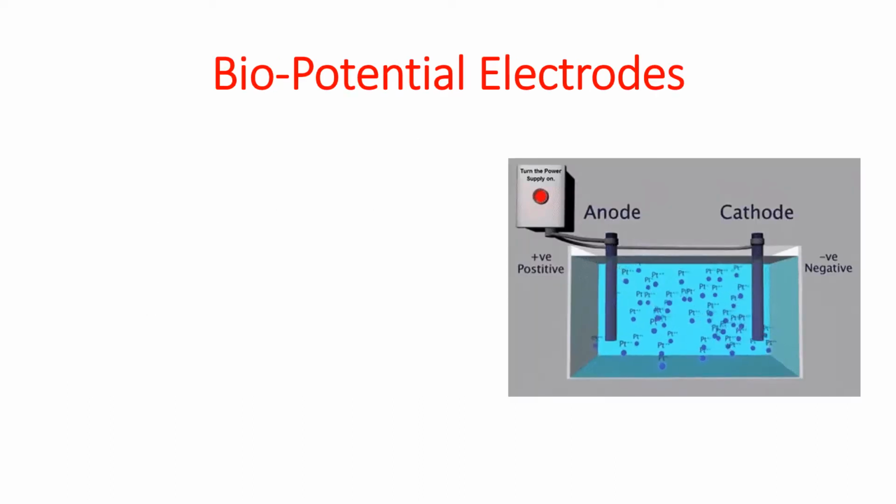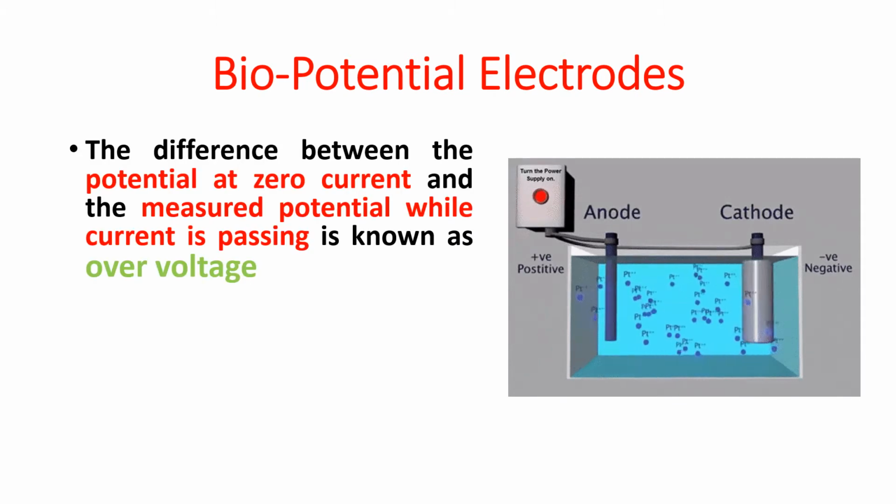The difference between the potential at zero current and the measured potential while current is passing is known as the overvoltage, and is the result of an alteration in the charge distribution in the solution in contact with the electrodes or the ion selective membrane.